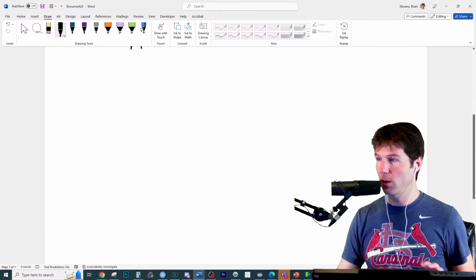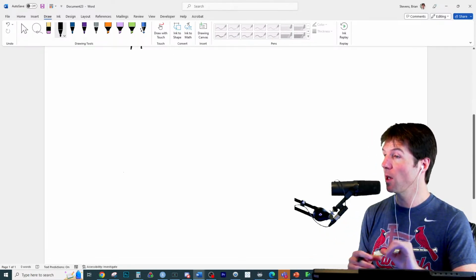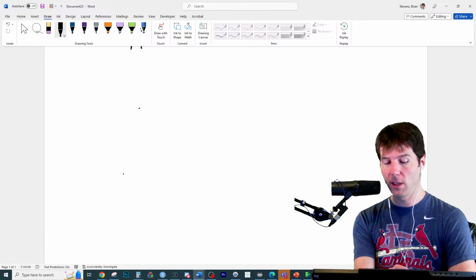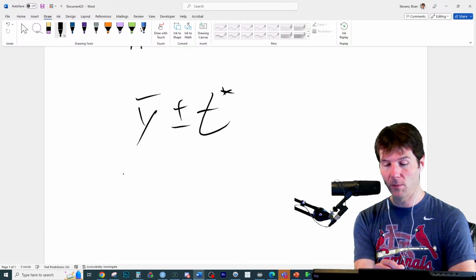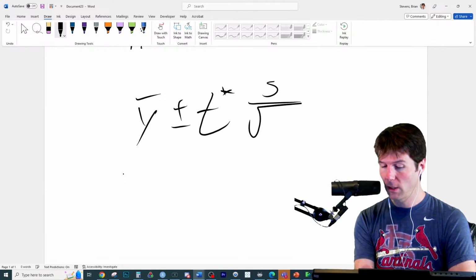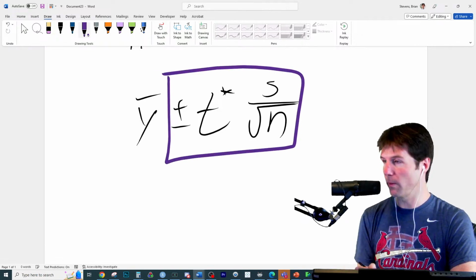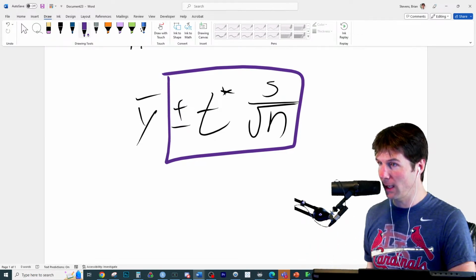So now let's look at it mathematically. Here's how it works out. We understand conceptually that we'd be more uncertain with fewer samples, and more uncertain means larger margin of error. So in a confidence interval right here, the margin of error component is all right here. Everything after the plus or minus is the margin of error. We are dividing by square root of n.